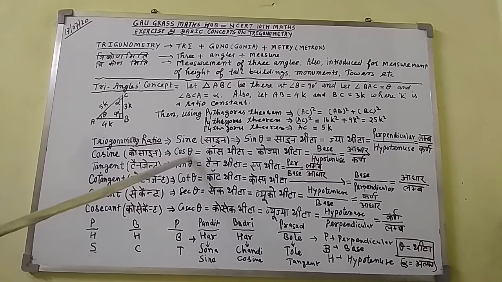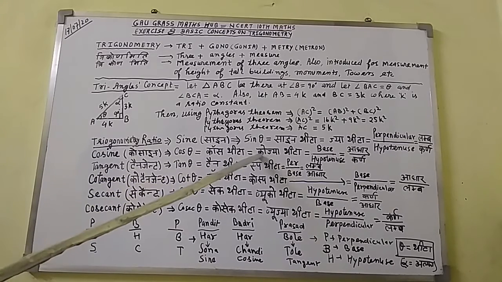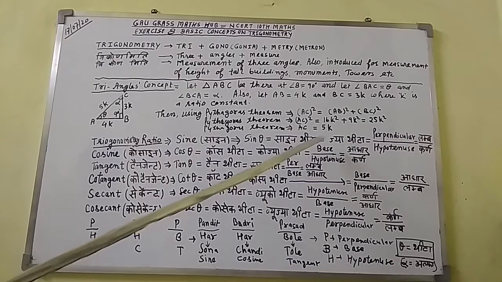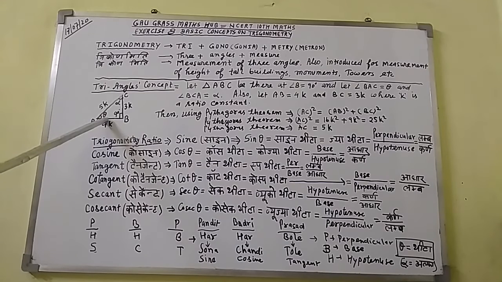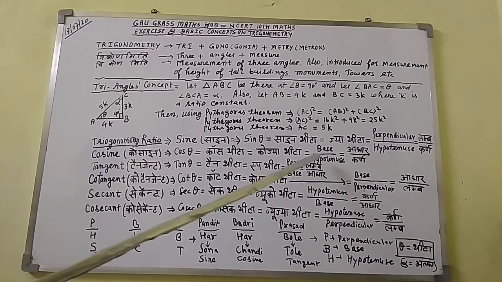So here I have written cos theta. Cosine theta is equal to base upon hypotenuse. In this case, this is the angle theta. So with respect to angle theta or angle A, the adjacent side will be AB. AB will be known as the base, upon the hypotenuse.